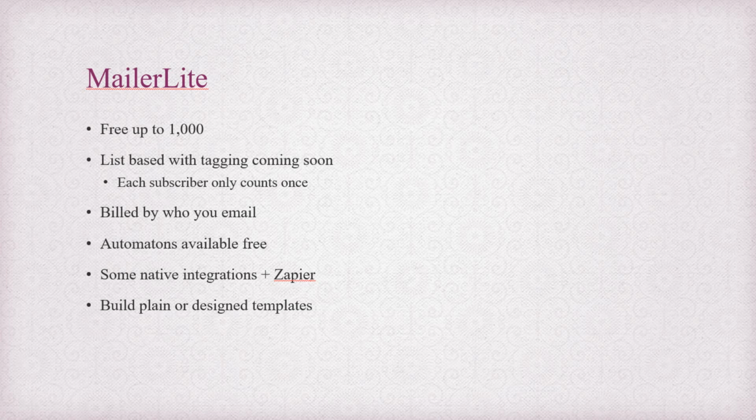So that's a lot of options opening up right there. You can also build plain or designed email templates, which I suggest building them kind of plain like, because that will increase the chances that it lands in your inbox instead of like the Gmail promotions tab or the spam folder.